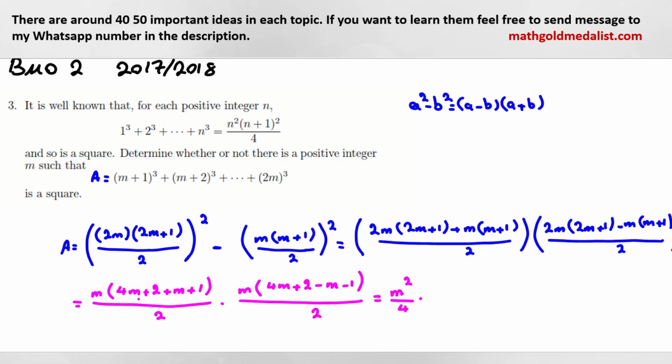Times 4m plus m, 5m plus 3. Times 3m plus 1. It is equal to a perfect square, right? Okay, is m odd or even?